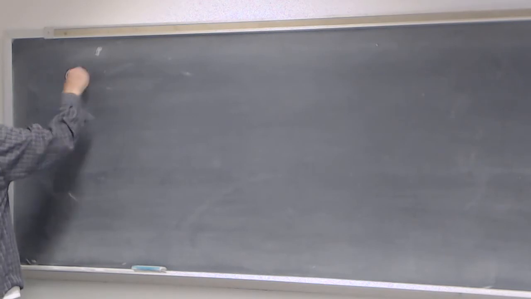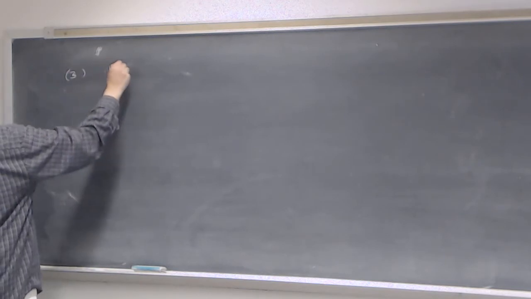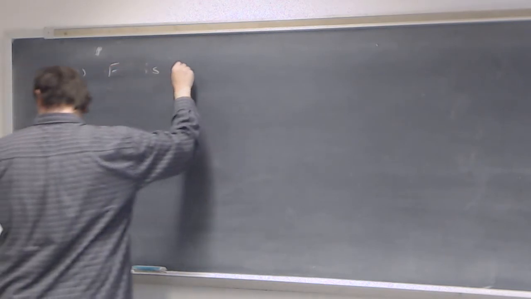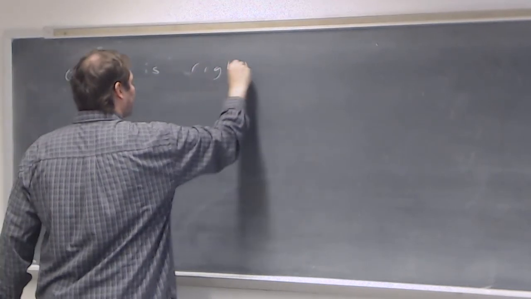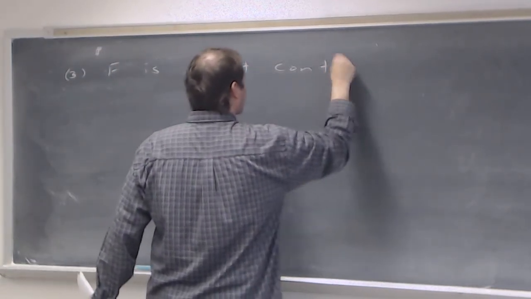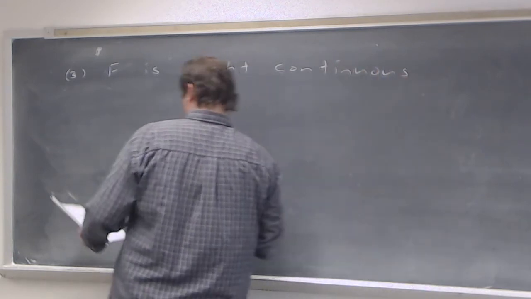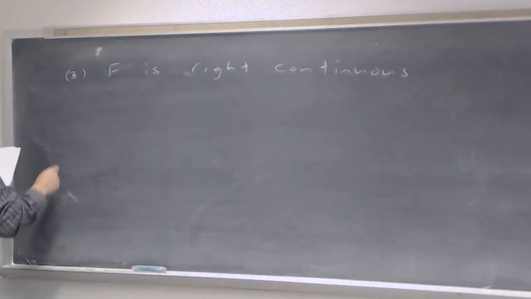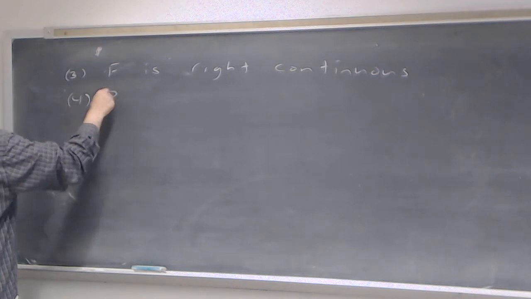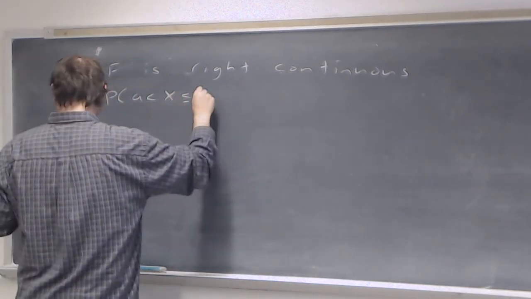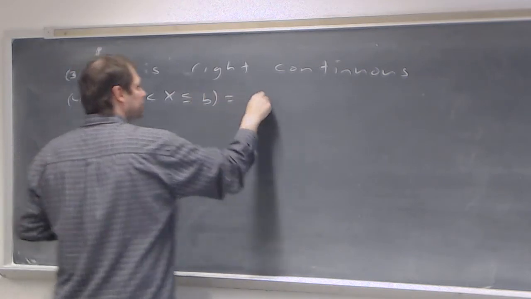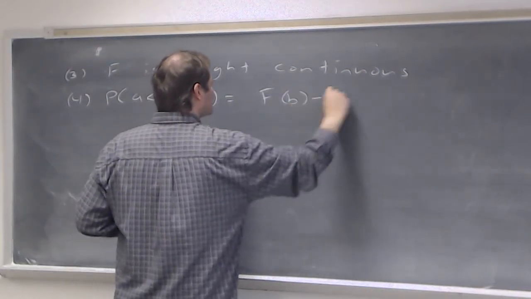The third characteristic is that F is right continuous. I'll explain that a little bit more. And a fourth property is the probability that A is less than X is less than or equal to B is equal to F of B minus F of A.